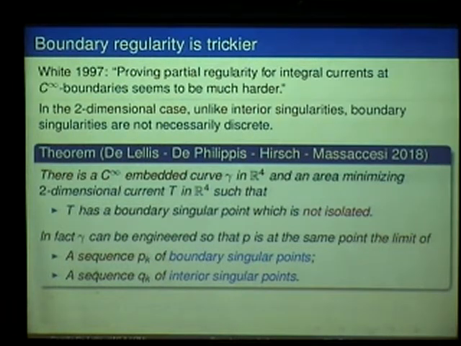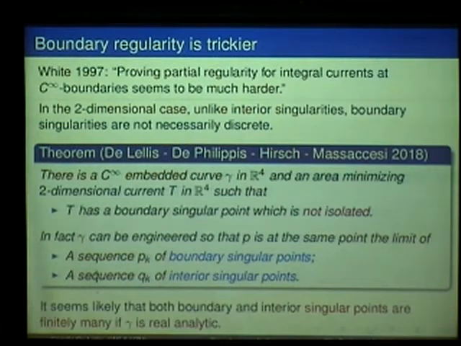So in the real analytic case, one would really expect that if you have a real analytic curve in R4, of course here we're talking about embedded curves, then the singularities are finitely many, and there are finitely many interior branch points and only crossings at the boundary, and finitely many of them. But we're very far from even being able to attack this problem for the moment.